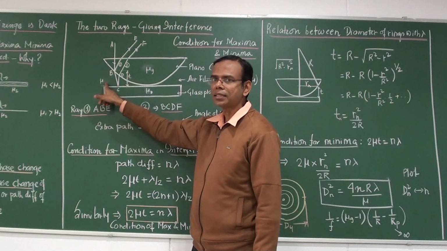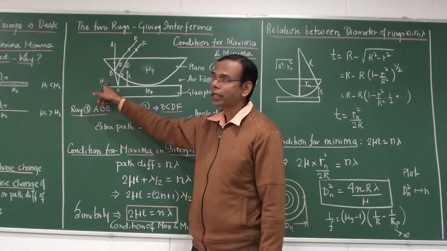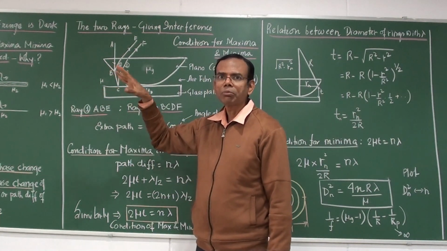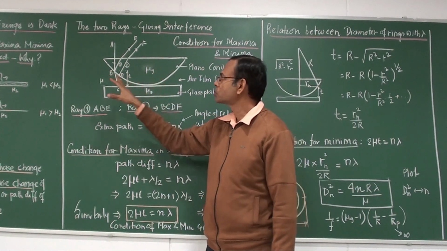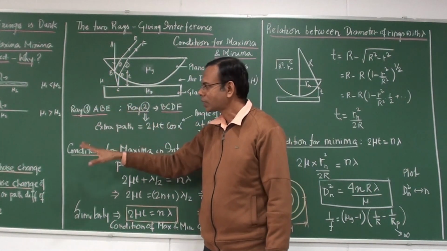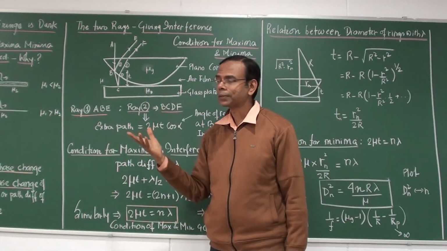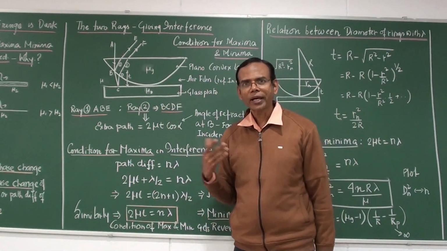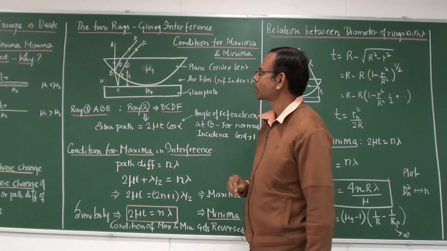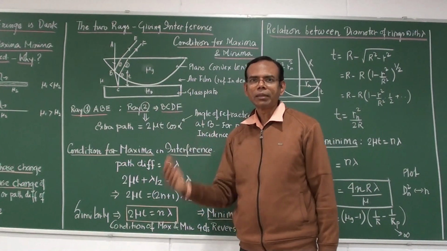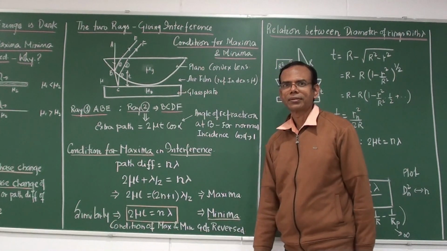If somebody puts some liquid of different refractive index instead of air, then the condition will change again. So that is how one can calculate the value of refractive index as well. So this is all about the importance of Newton rings. Thank you.